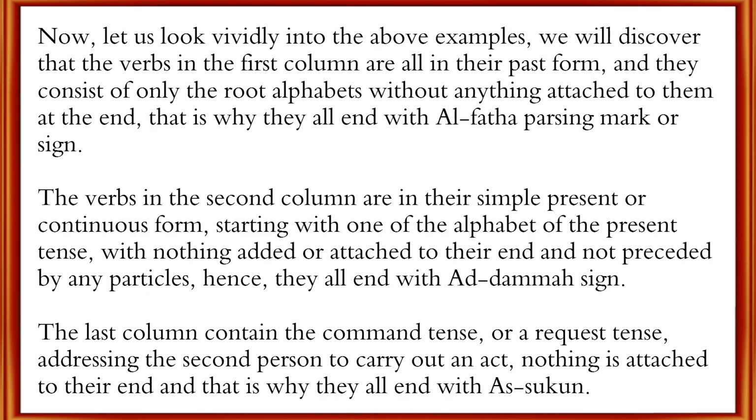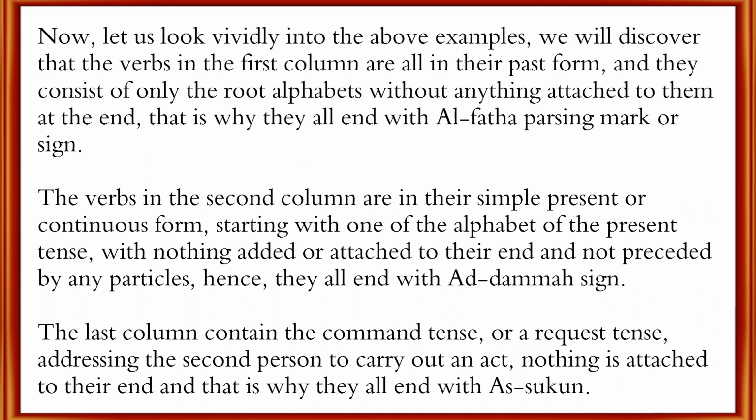Now let us look vividly into the above examples. We will discover that the verbs in the first column are all in their past form, and they consist of only the root alphabets without anything attached to them at the end. That is why they all end with al-fatha parsing mark. The verbs in the second column are in their simple present or continuous form, starting with one of the alphabets of the present tense, with nothing attached to their end, and not preceded by any particles.